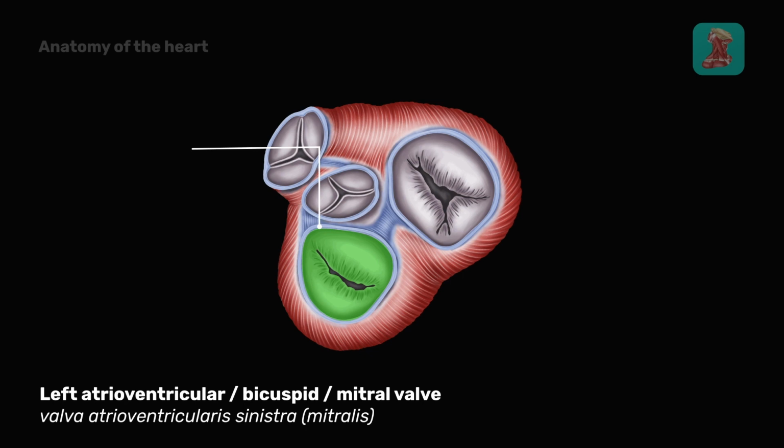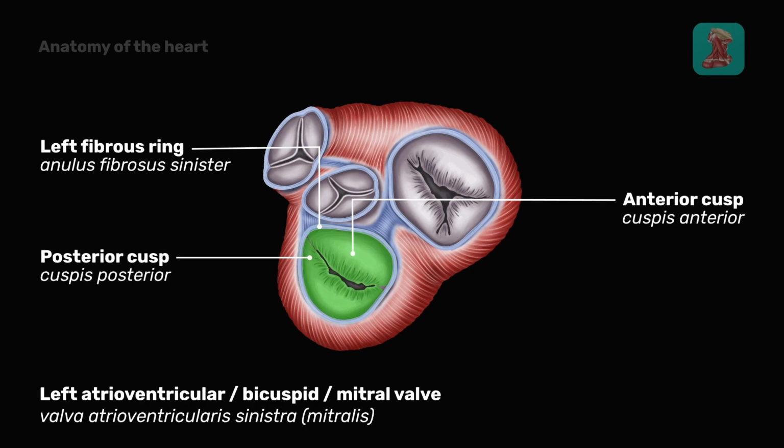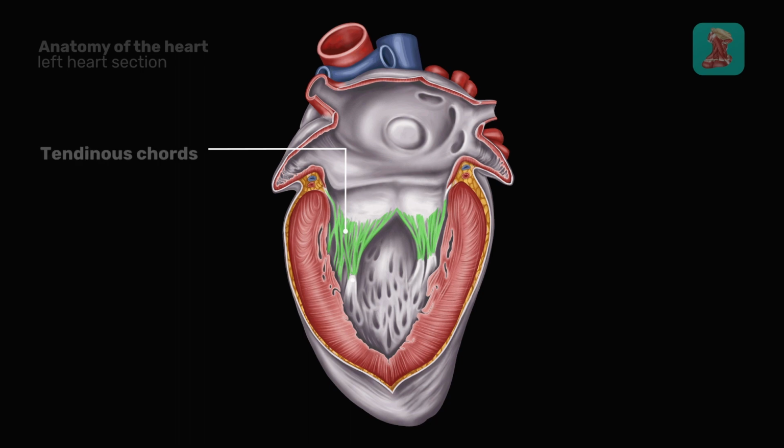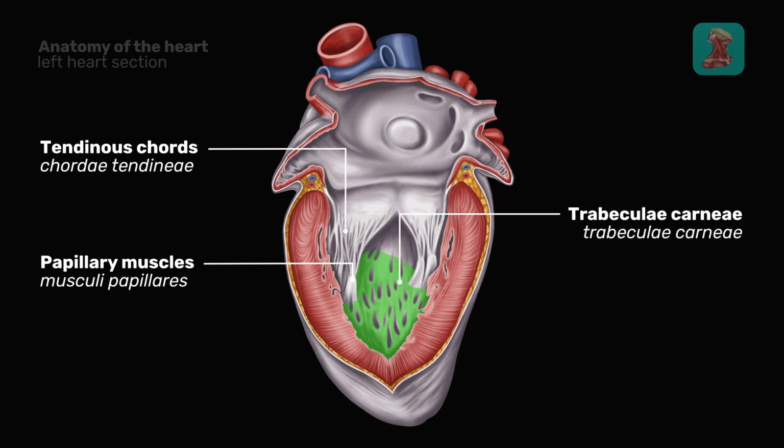It consists of the annulus fibrosus, the anterior and posterior cusps, which are covered with the endocardium, the tendinous cords, which are attached to 2 papillary muscles holding the valve cusps, the trabeculae carneae, which are located between the papillary muscles.